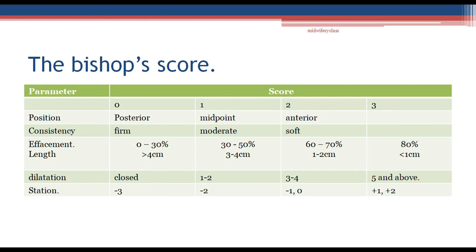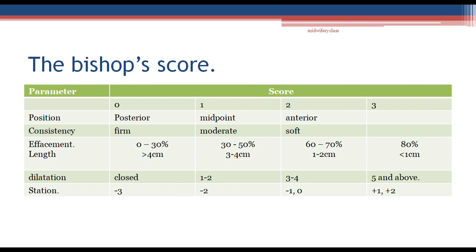Or if the cervical length is 1 to 2 centimeters, in this case the effacement is 60 to 70%. Give a score of 2. And if the cervical length is less than 1 centimeter, in which case the effacement is 80%, give a score of 3.